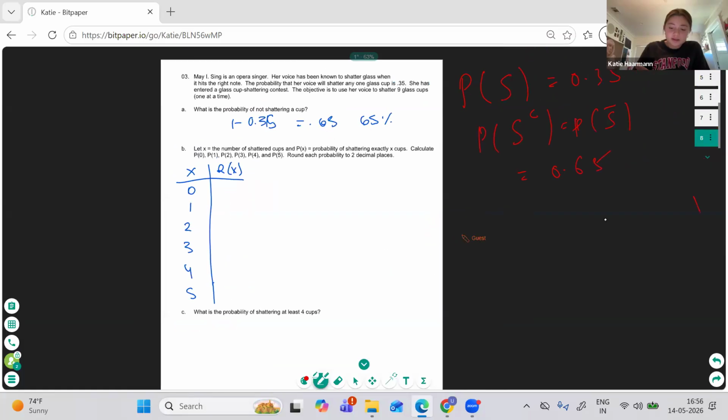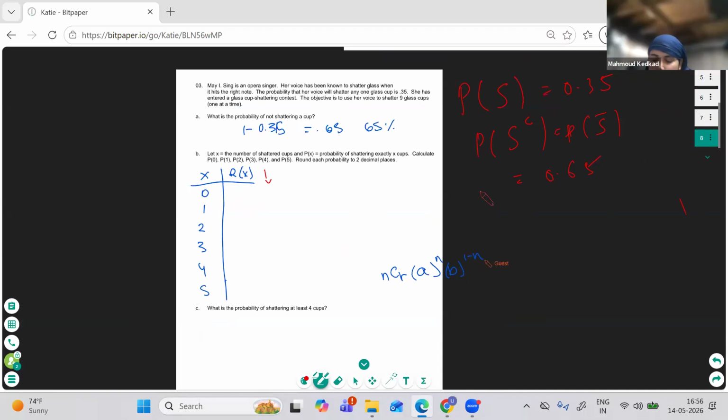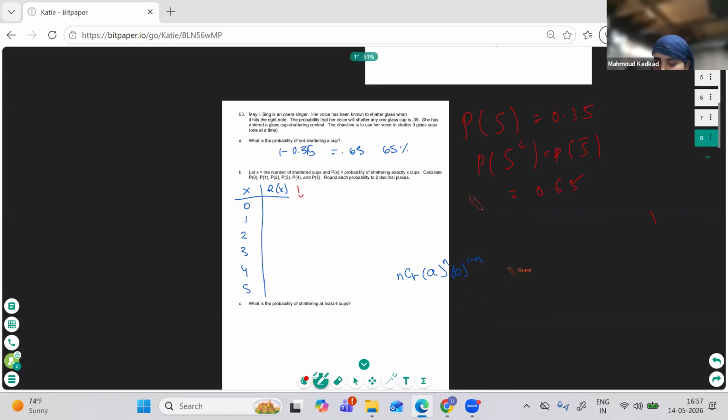So where do you find the equation then? That is where you use the formula in the P of X table. Do you remember the combination formula, nCr times a to the r, b to the n minus r?